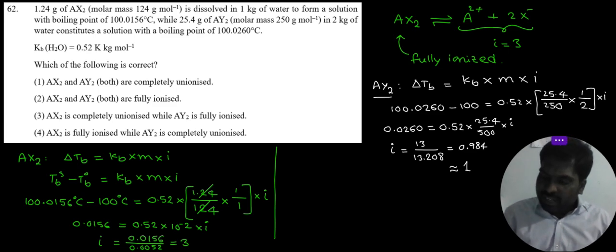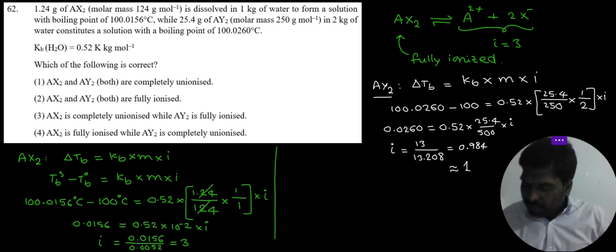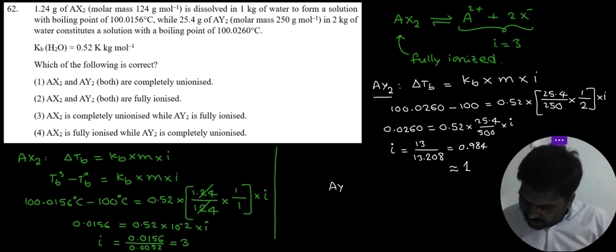That means AY2 is not ionized. Suppose it undergoes 100% ionization, then A2 plus and 2Y minus are formed, so the expected number of ions is 3.